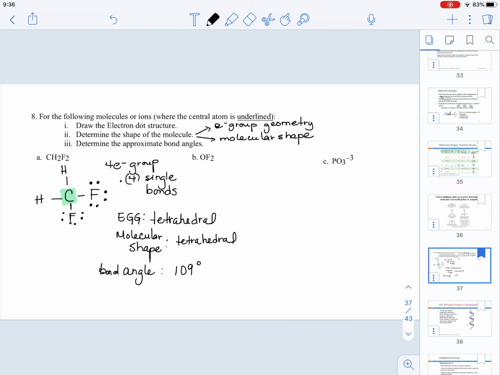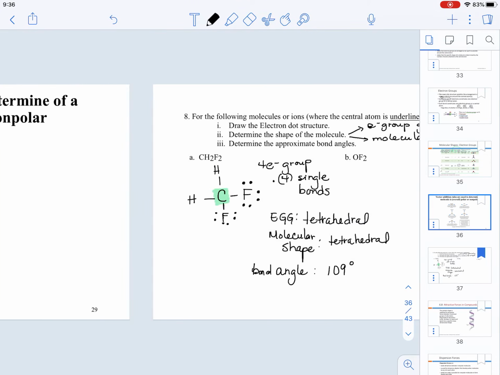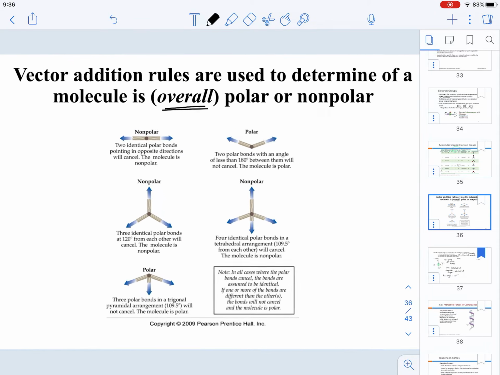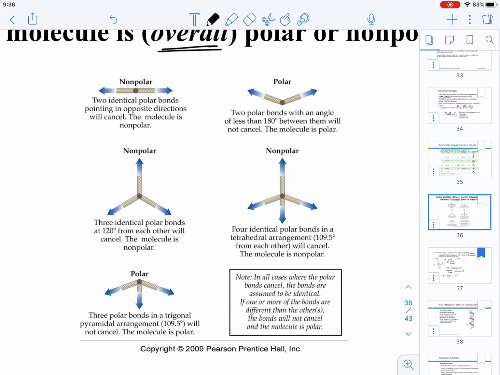Okay? Now, one more concept that you need to master is the whole idea of overall polarity of a molecule. When it comes to this slide, I want you to focus specifically on what these representations are.